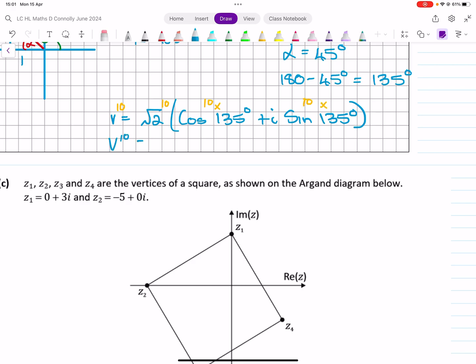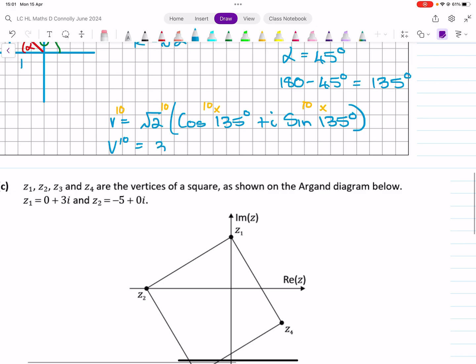So v to the 10 is the square root of 2 to the power of 10, which is 32. And then this is the cos of 1350 plus i sine 1350.